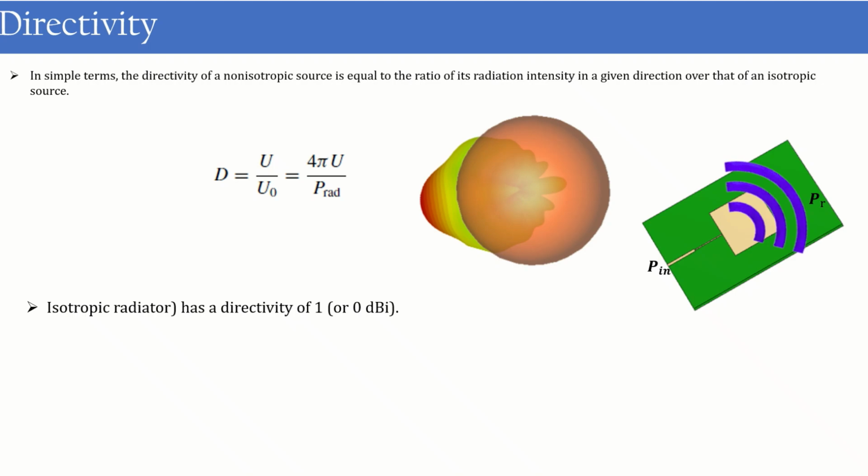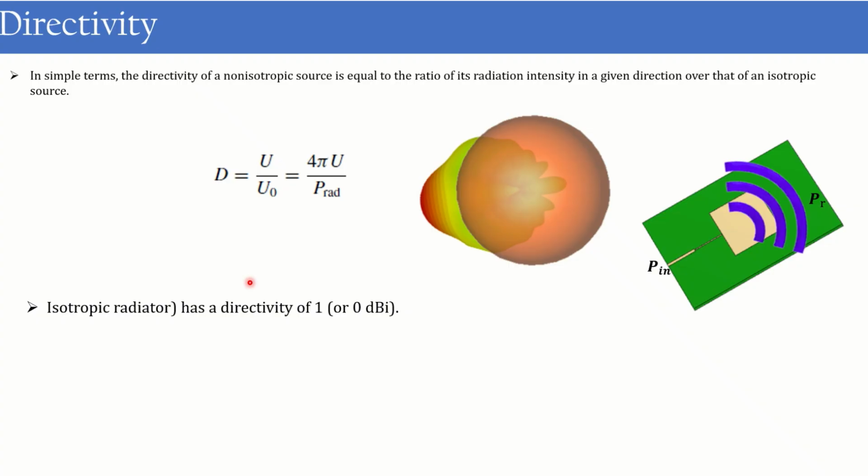This can also be defined in terms of the isotropic antenna. It is defined as the ratio of the radiation intensity in a given direction to that of an isotropic source. So in the isotropic case, the directivity of the antenna becomes 1 or 0 dBi.